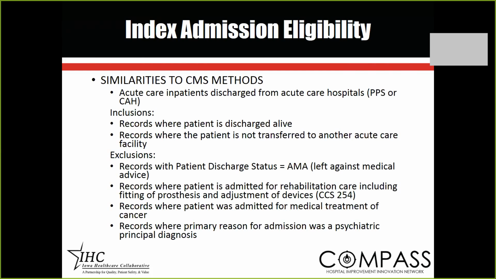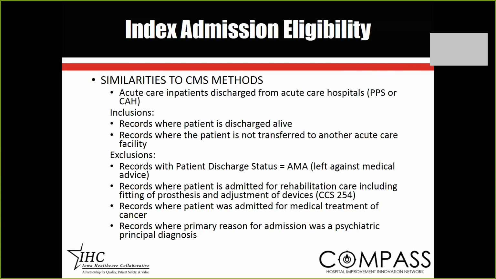There are also some exclusions that we copy. If a patient is discharged against medical advice, or if they are determined to be a medical or rehab care as determined by the Agency for Healthcare Research and Quality, or AHRQ, Clinical Classification System, CCS 254.